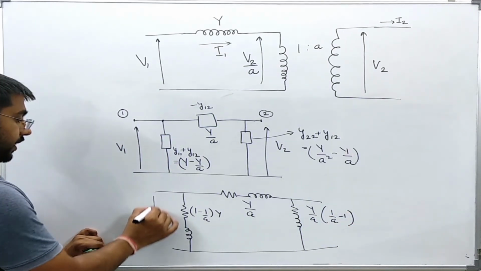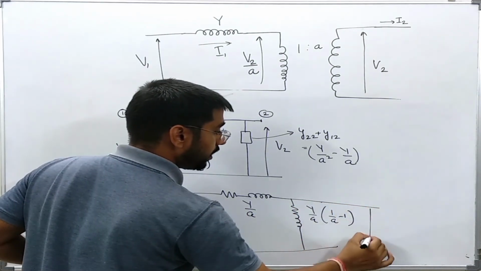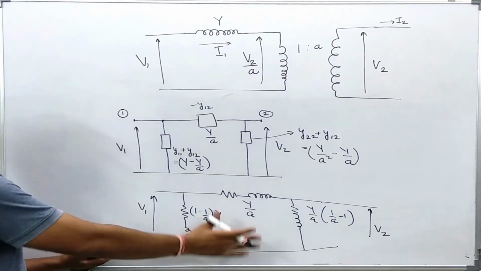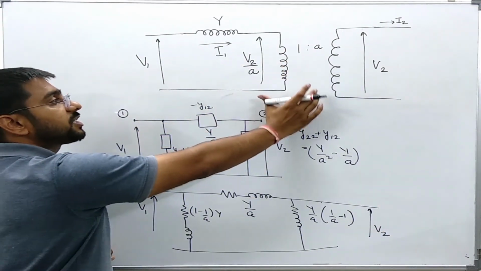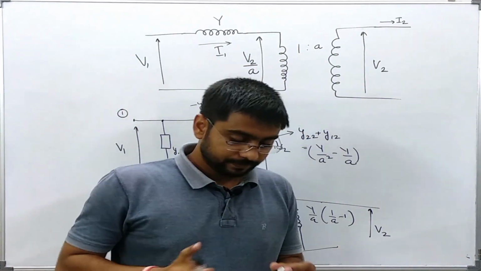So in this way I have derived the equivalent network of the power system in which there was an off-nominal tap ratio transformer.